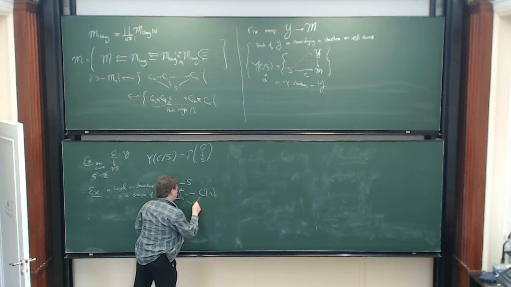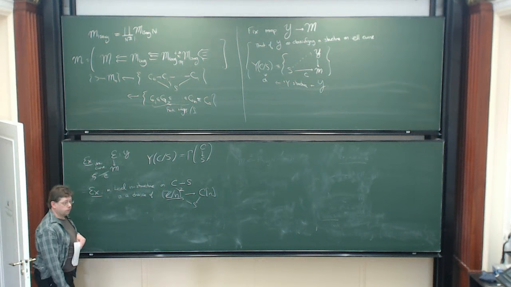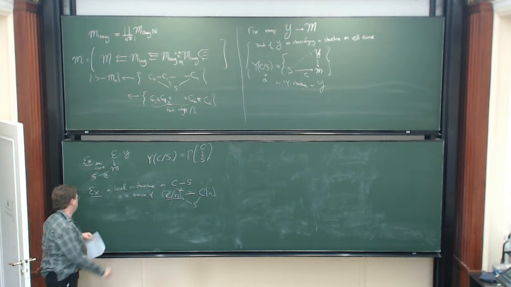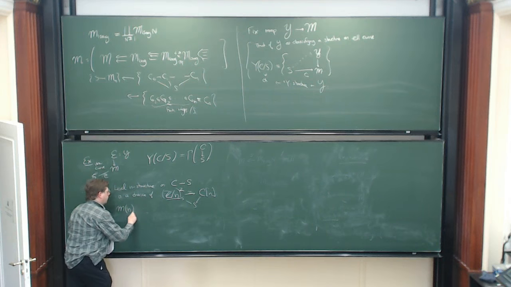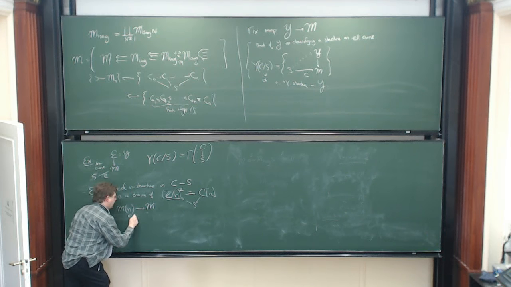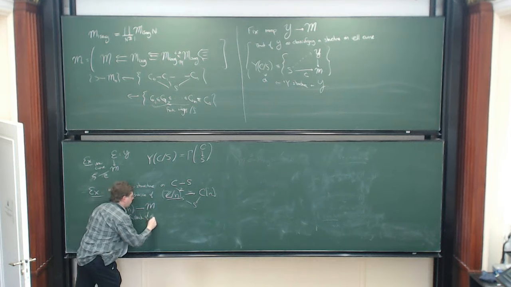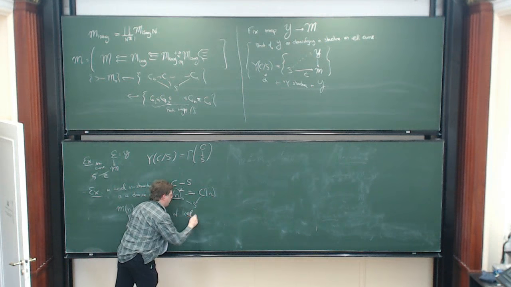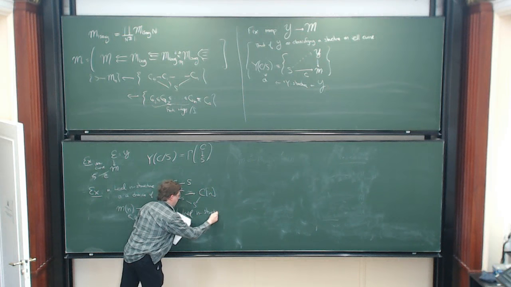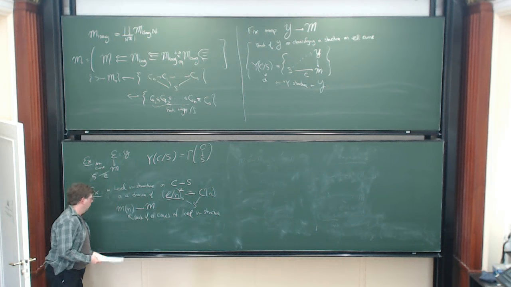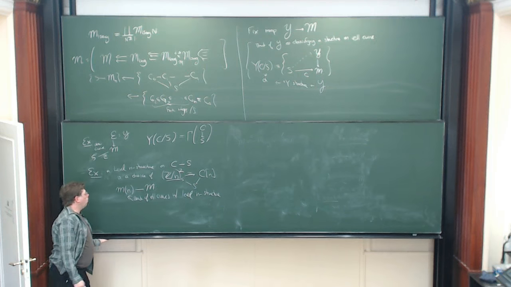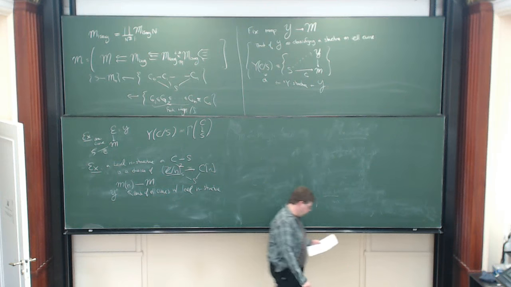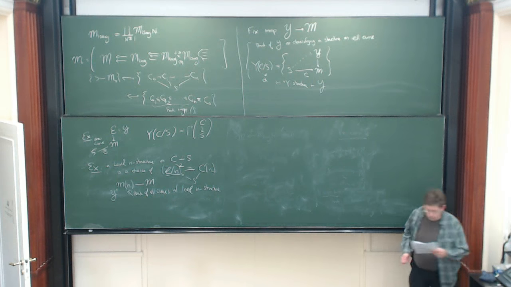And this is meant to be an isomorphism of group schemes over S. There's an associated stack of such things, which is called Mn. This is the stack of elliptic curves with a full level n structure. And then in this formulation, y of a curve is just the set of level n structures on that curve. So these are the kinds of examples I might want to think about.